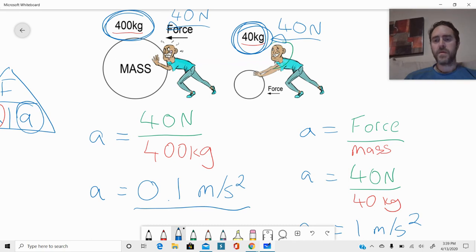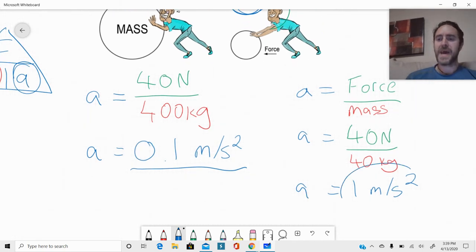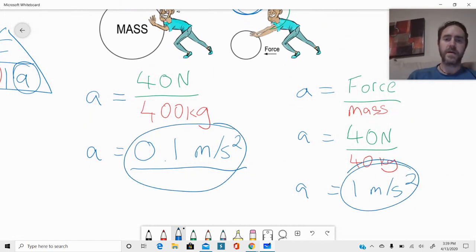This one moves 10 times faster than this one. So there's that direct relationship. 10 times more mass will move 1/10 as fast. And conversely, 1/10 the mass will move 10 times faster than something else.